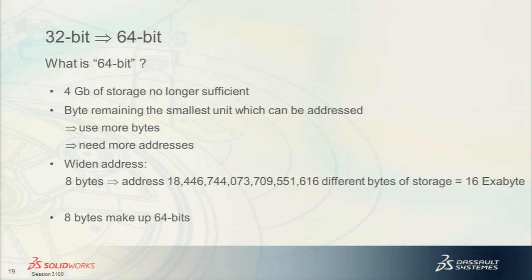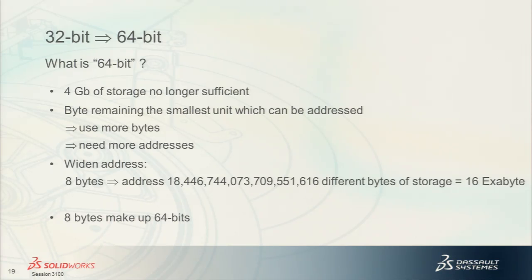Okay, so moving on. As we all know, 4 gigabytes wasn't enough. We need more of it. The problem is we had to keep the byte as the smallest unit to which we can attach an address. So the only solution left is to use more bytes, which means we need more addresses. So we have to use more space for the address. We have to widen the address, so it's extended to 8 bytes.